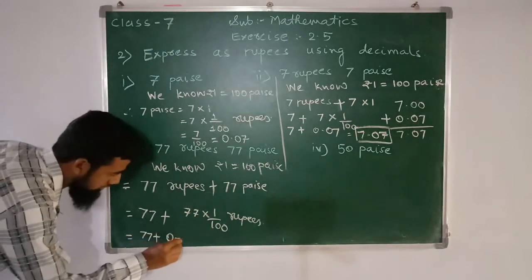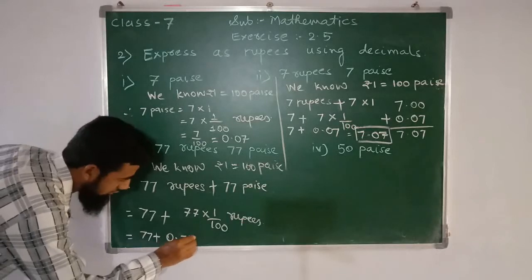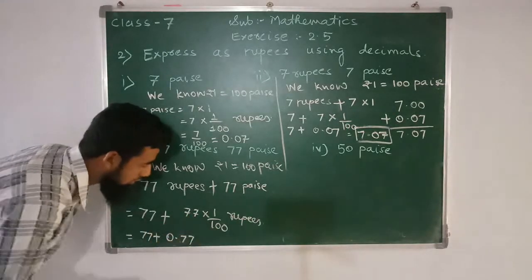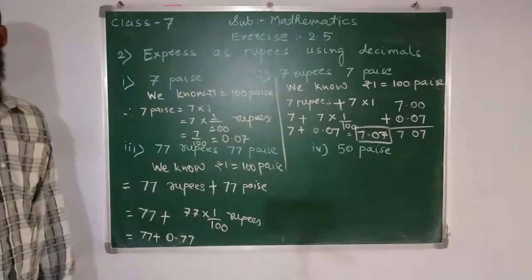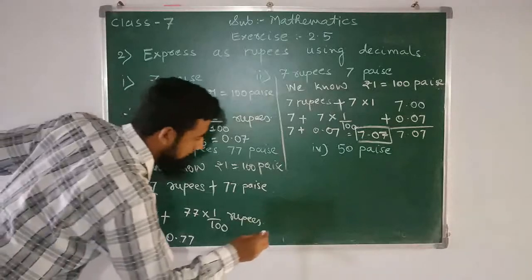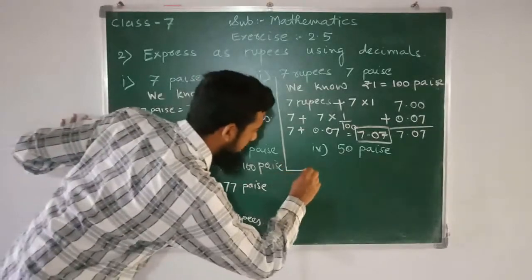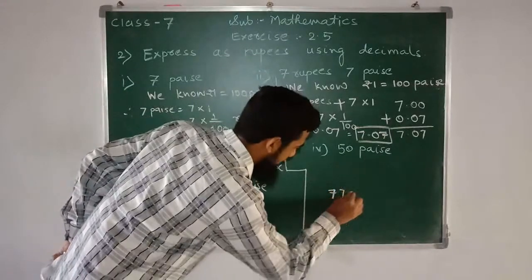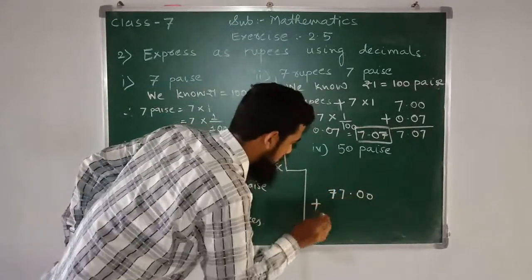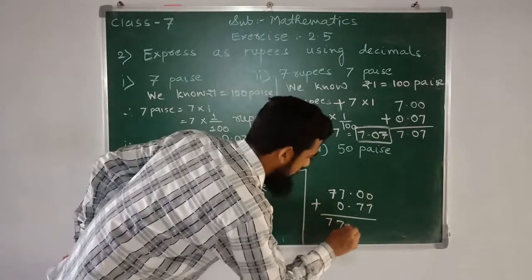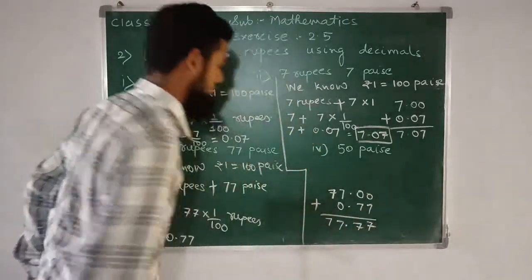So 77 plus 0.77, because 77 upon 100, so we are putting point after 2 digits, so 0.77, therefore I am doing here beta plus 0.77, so 77.77.